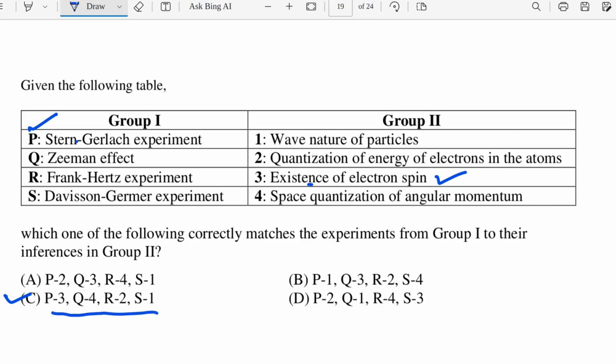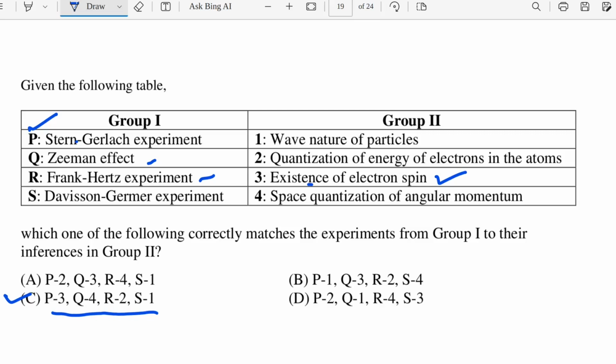So by seeing only one experiment, let's say I forget the Stern-Gerlach experiment right now, but I know another one, then also it is fine. But any one of the experiments I have to know very clearly, at least for this question. I am not saying this is a supreme trick, but for this question I will do only one experiment correctly, and I can see that this is the correct answer.